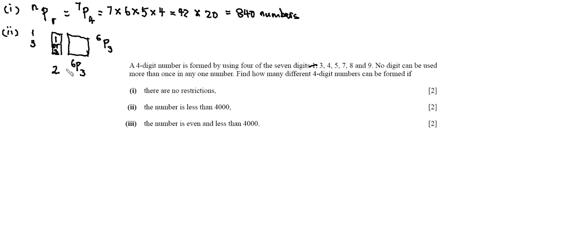So the answer is 2 times 6P3, which gives you 2 times 6 times 5 times 4. So let's work out the solution. It's only 240 numbers.